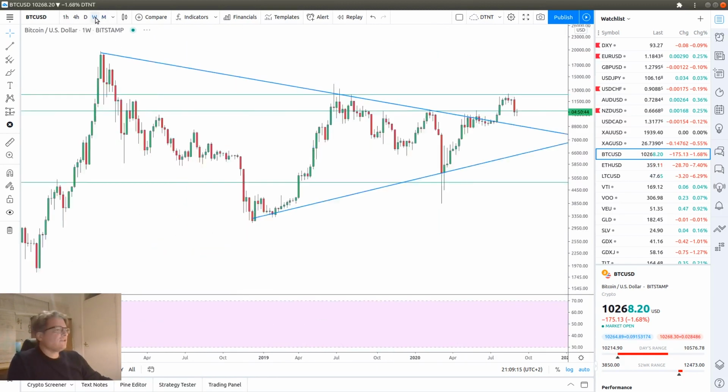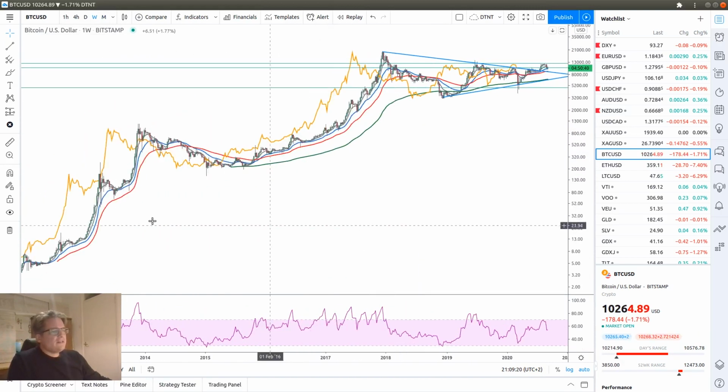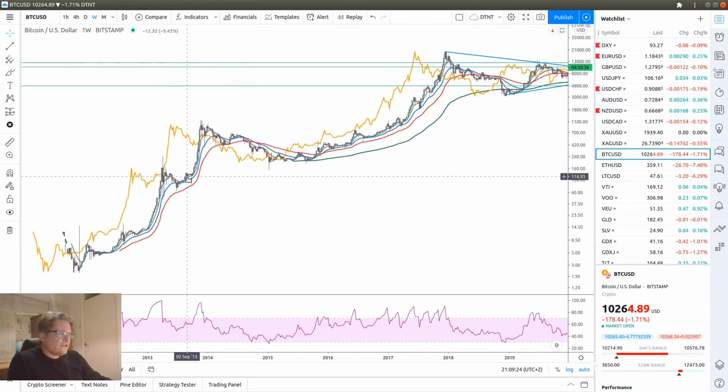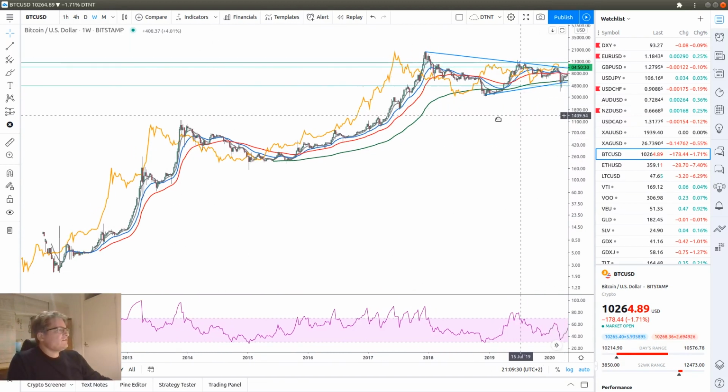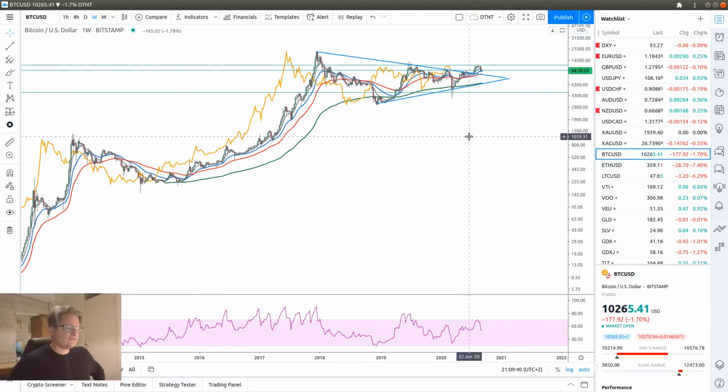Let's go to the weekly. Yeah, this is basically it. So here you can see a triangle formation, here you can see a larger triangle formation, and then here you can also see a large triangle formation, and we've just broken out, and we're going to retest, and then we're going to go higher. So you see this pattern in Bitcoin, but also in gold and silver.